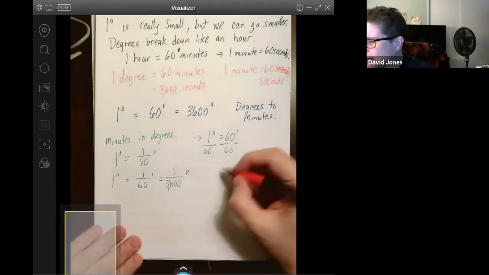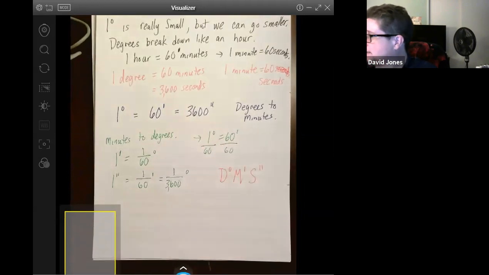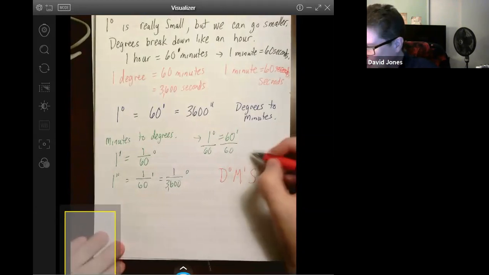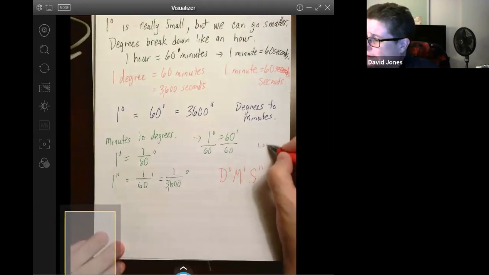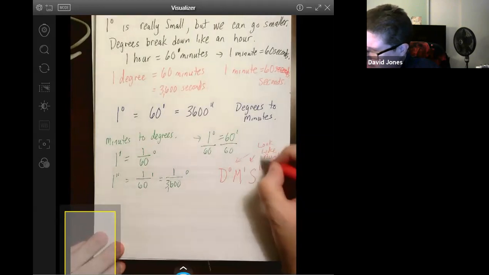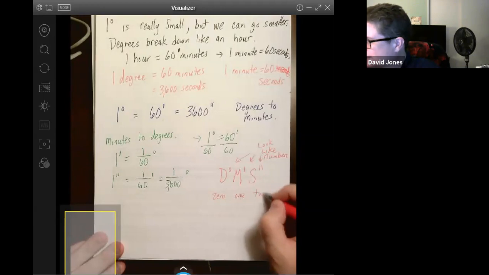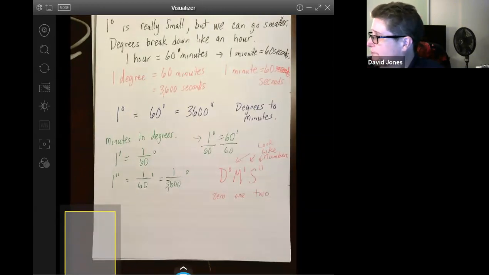This is frequently abbreviated DMS. And they kind of look like numbers, right? Zero, 1, and 2. That's an easy way to remember them. So let's take a look at some examples.